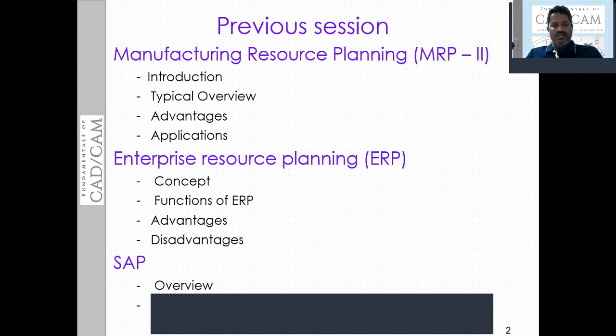Then we have seen enterprise resource planning, ERP, in which we have gone through the concept, functions of ERP, advantages and disadvantages. Finally, we have seen SAP. The topic covered in SAP is overview. Then we have seen the different modules used in SAP with respect to the function of the organization.